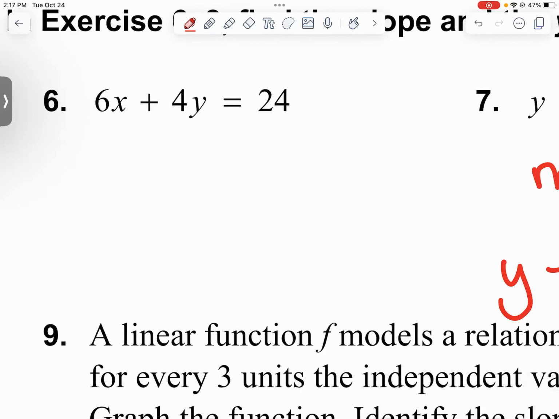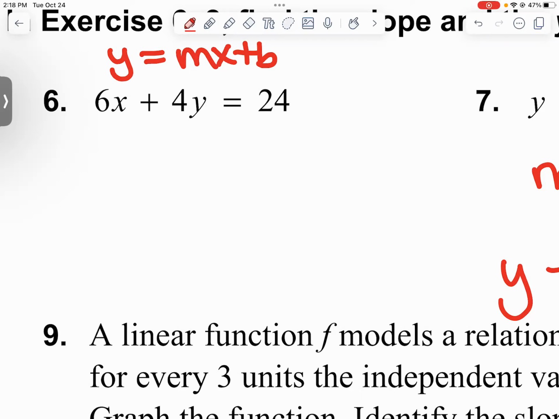No. Which means, DJ, what are we going to do? If we want the slope and y-intercept, we need it to actually look like y equals mx plus b. DJ, does this look like y equals mx plus b yet? No, but can we get it there?